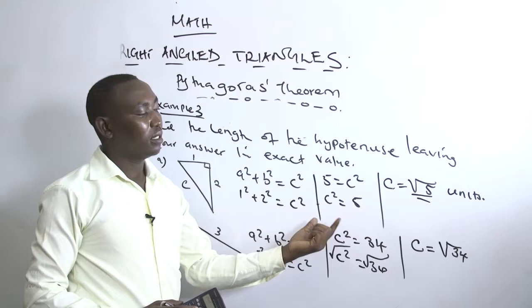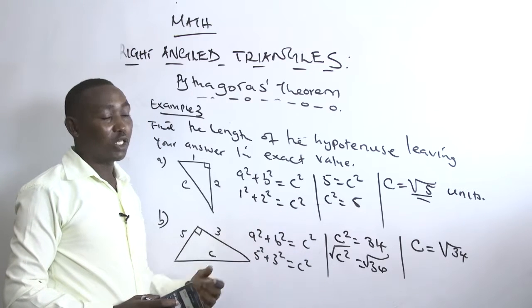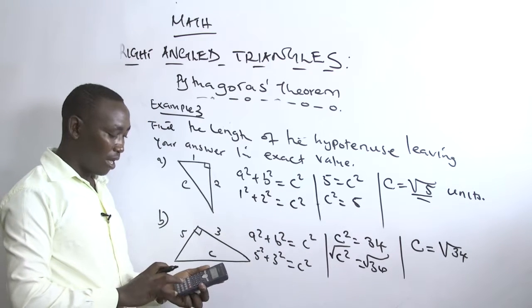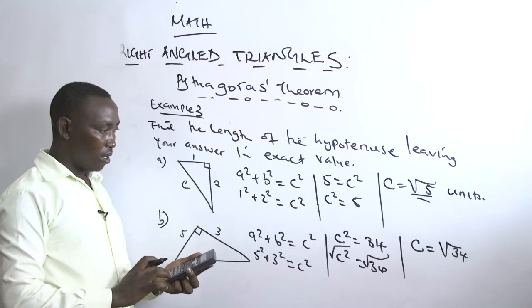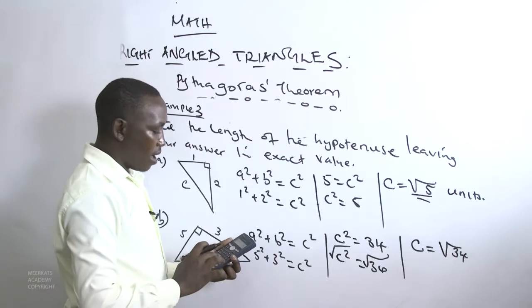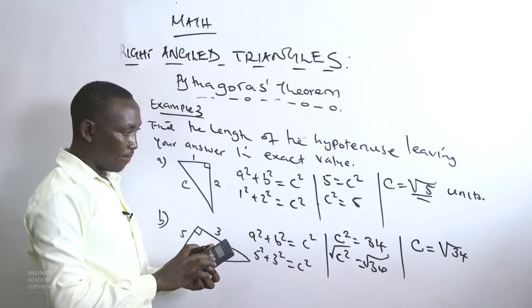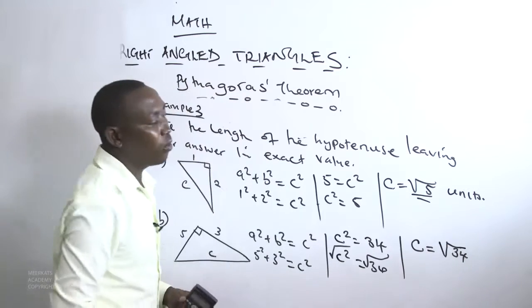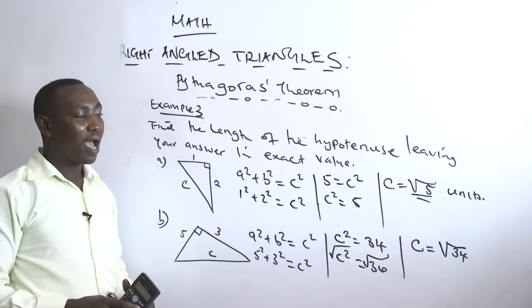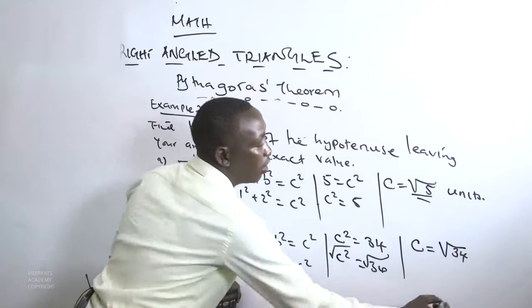But always in surd form, try as much as possible to simplify. In this case, we will be forced to leave our answer as the root of 34 units.